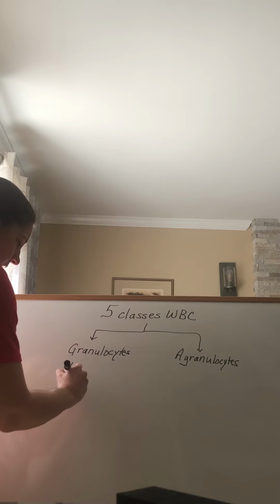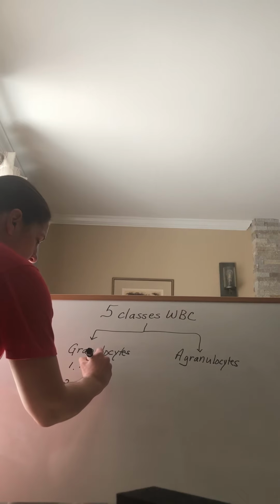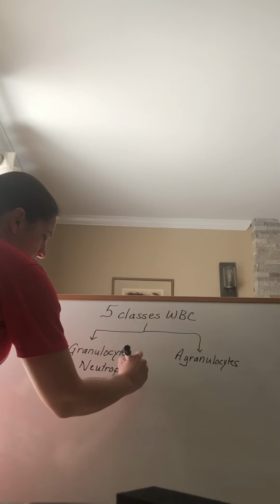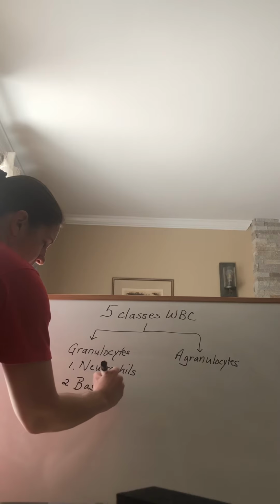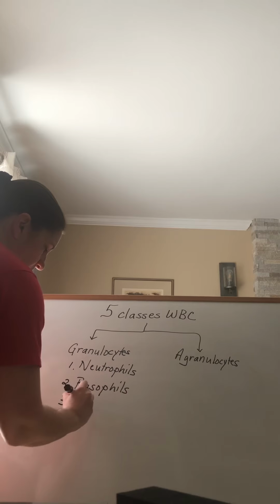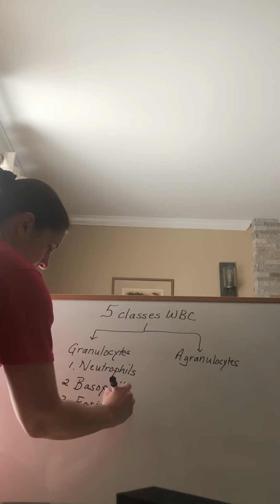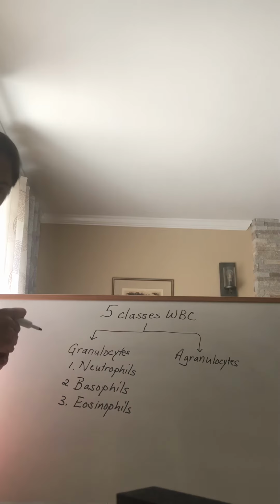There are 3 types of granulocytes: neutrophils, basophils, and eosinophils. So the 3 phils are the granulocytes.